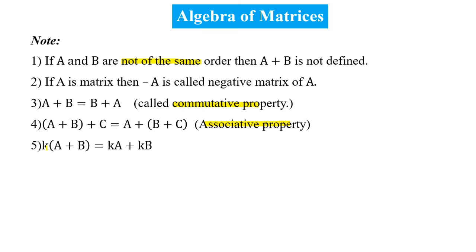Number 5, K in brackets A plus B is equal to K into A plus K into B. And 6, A plus 0 is equal to 0 plus A is equal to A, where 0 is a zero matrix.